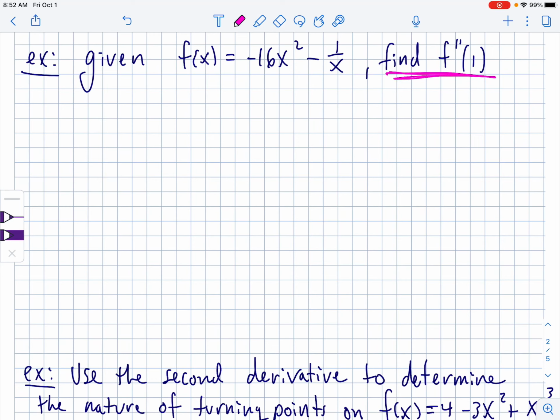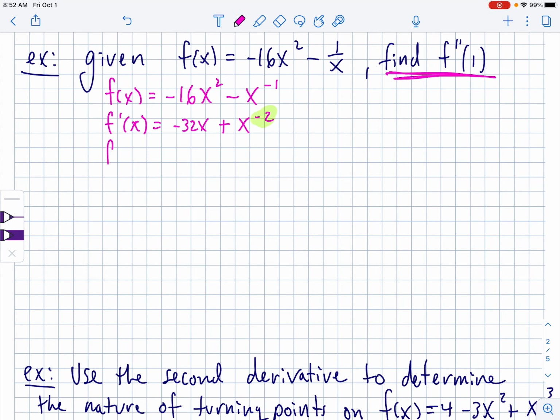Now, given this function, find f double prime, or the second derivative, of 1. So we're going to take the derivative twice and then plug a 1 into it. Before I can take the derivative, I have to do a little rewrite so I can use my power rule. So this is minus x to the negative 1. So the first derivative is negative 32x plus x to the negative 2.